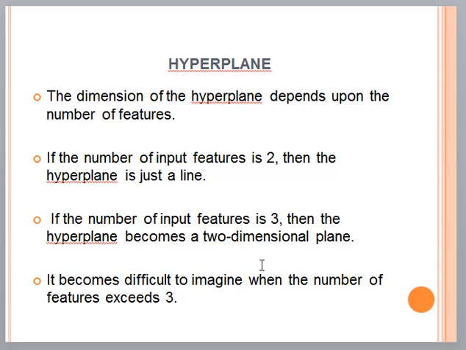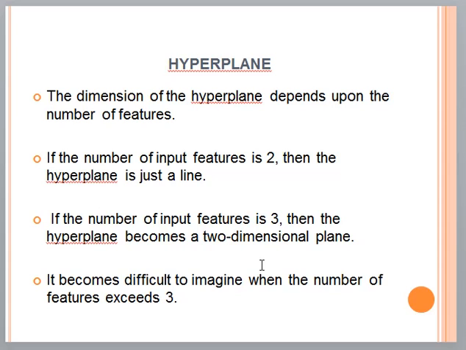So what is a hyperplane? The dimension of the hyperplane depends upon the number of features. If the number of input features is 2, then the hyperplane is just a line, as we have seen in all the figures right now. If we have data points or features in a 2-dimensional space, then our hyperplane will be just a single line. If the number of input features is 3, so now if I increase the dimension of the features and I have the third dimension, then the hyperplane will become a 2-dimensional plane, right?